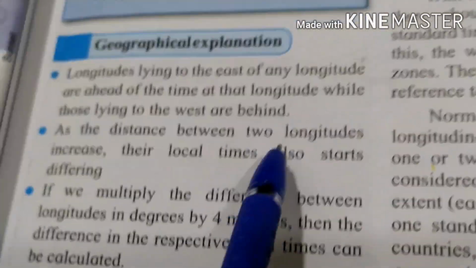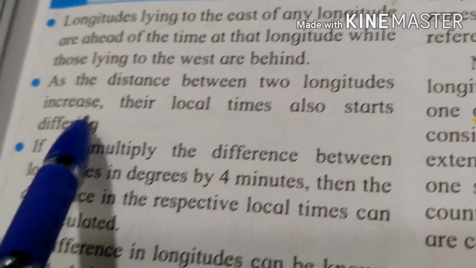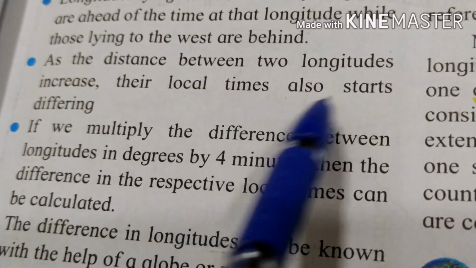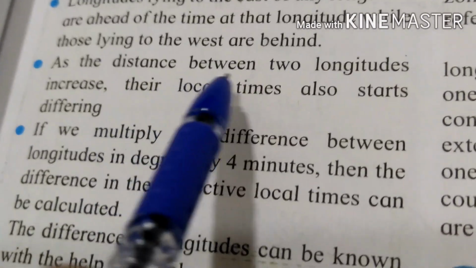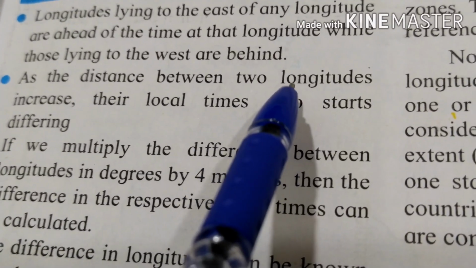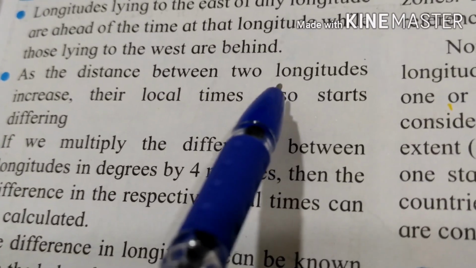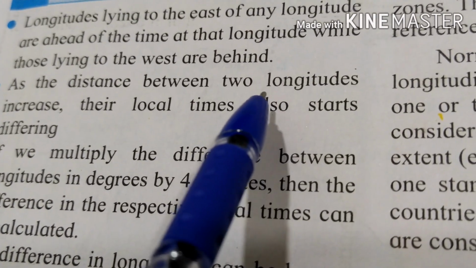Now, as the distance between two longitudes increases, their local times also start differing. We know that the difference between two longitudes, one degree apart, is 4 minutes.